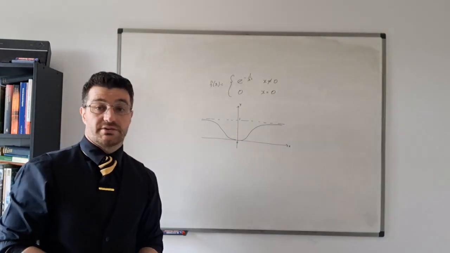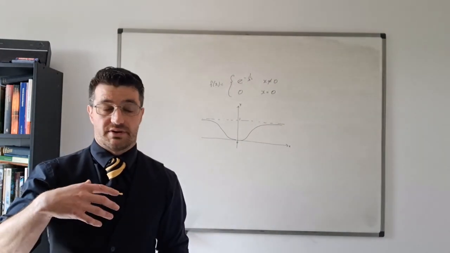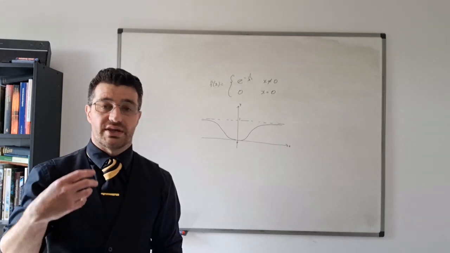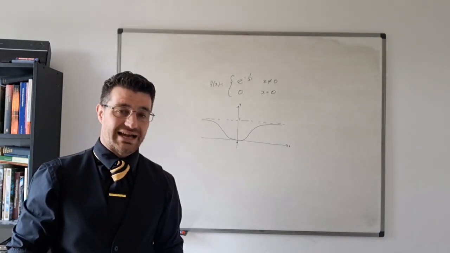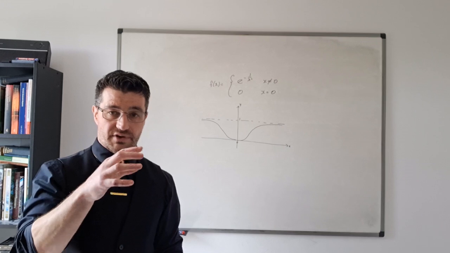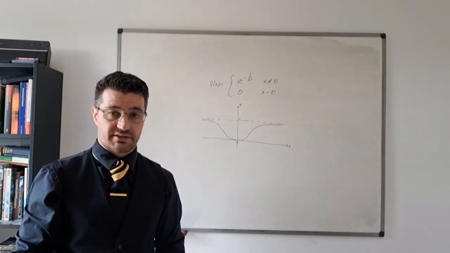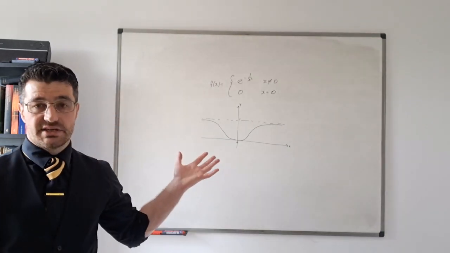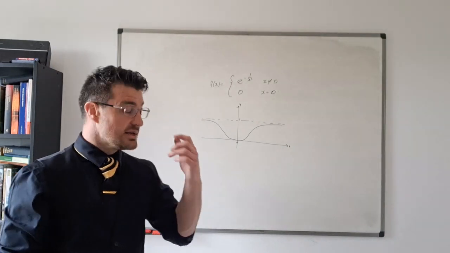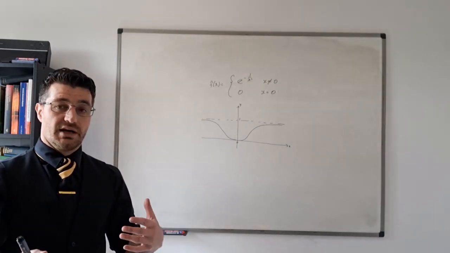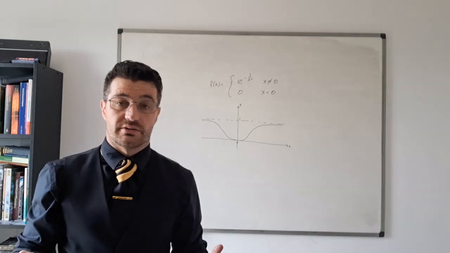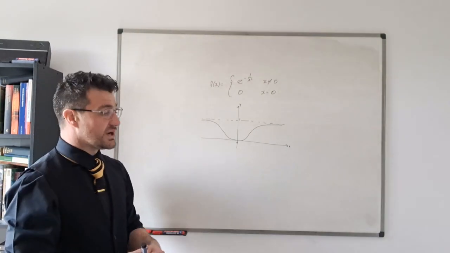The derivative tests are not the only way that mathematicians have of determining whether you've got a maximum point or a minimum point. But that's a good situation where the derivative tests just don't work, no matter how hard you try.